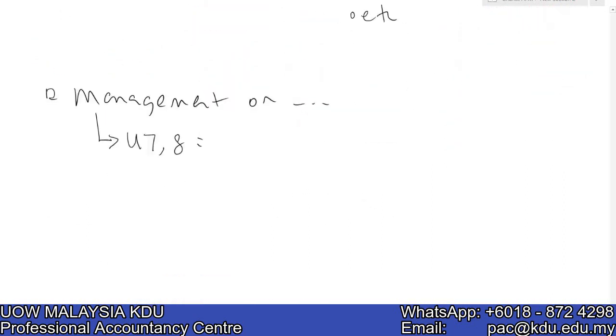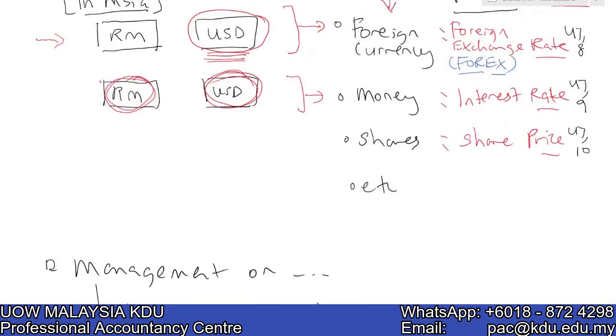What is that called? Forex risk. It's a risk arising from the uncertainty in the forex rate.